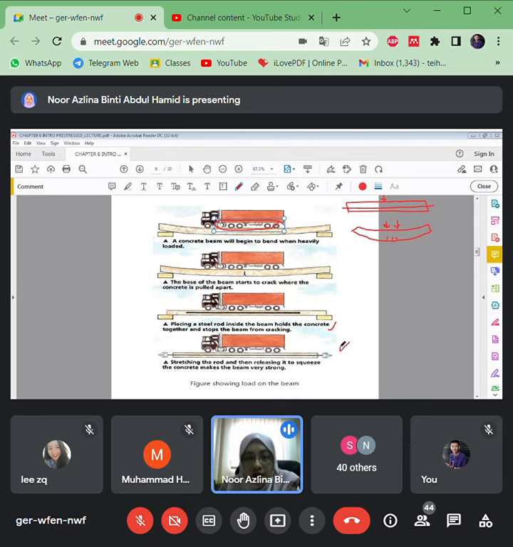By this pre-stress, it makes the structure stronger and also reduces the cracks, by stretching the rods and releasing the rods in order to transfer, to squeeze the concrete, to make it stronger.